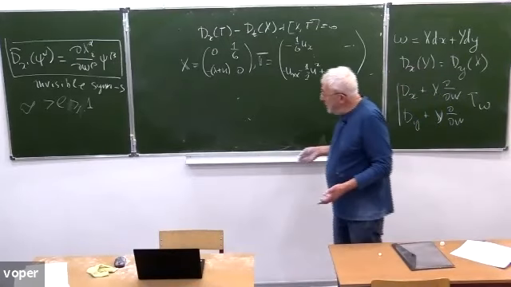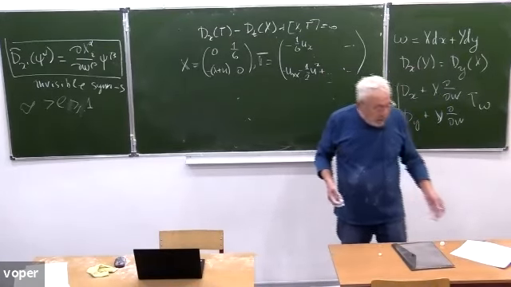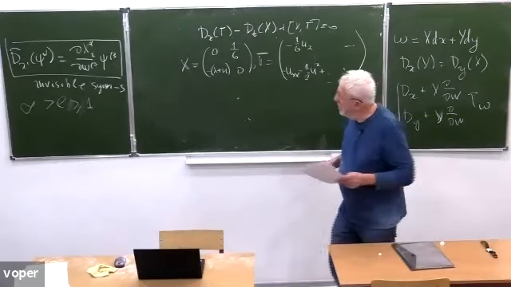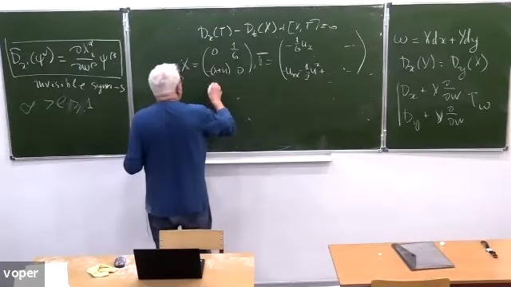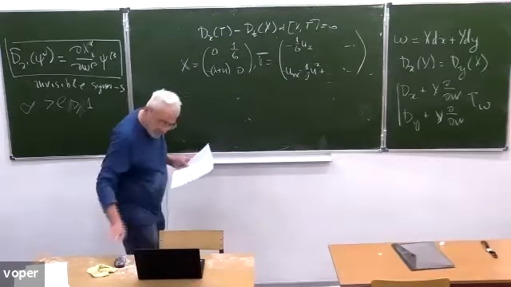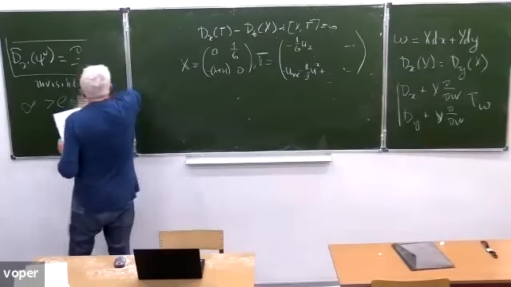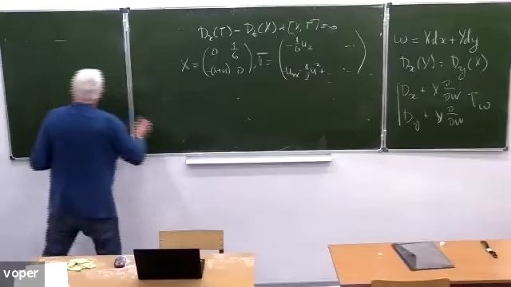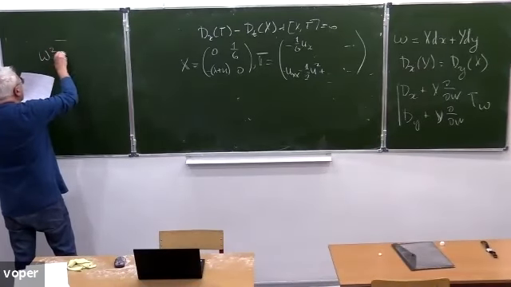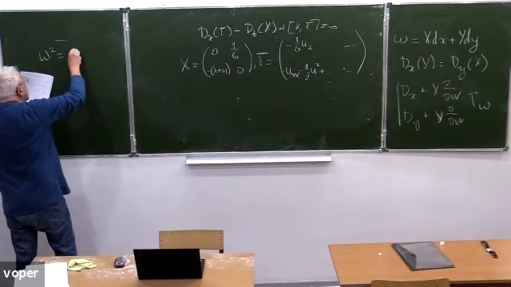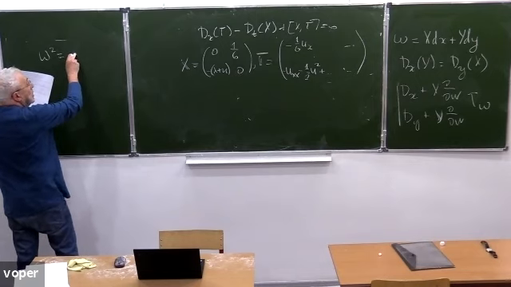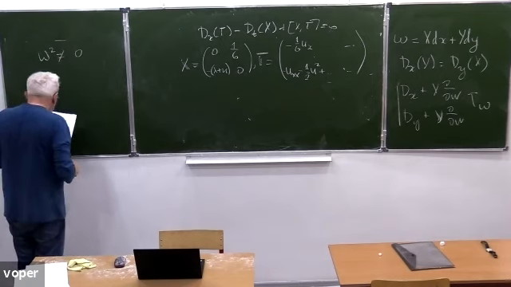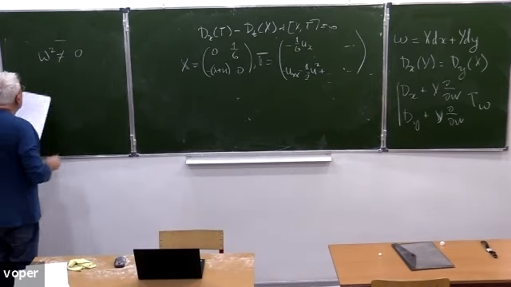So let's try to projectivize it. Let's consider the domain where, for example, W2 does not vanish. Let us introduce projective coordinate.